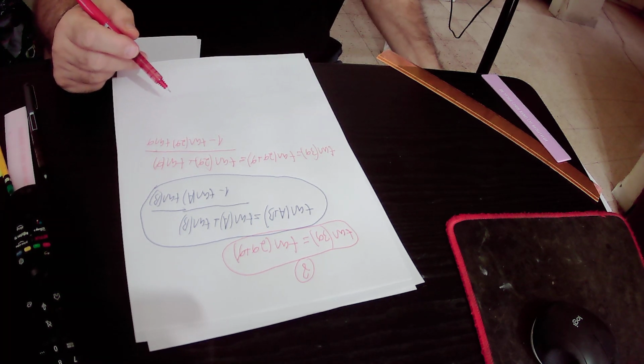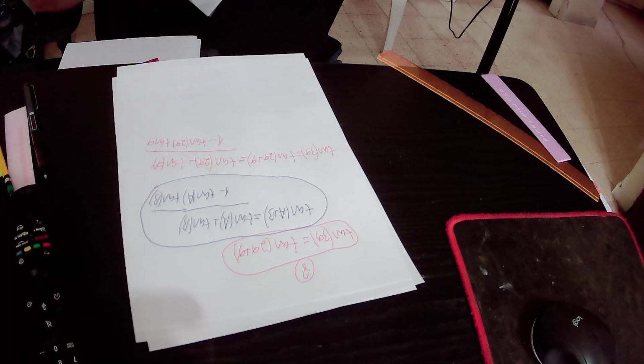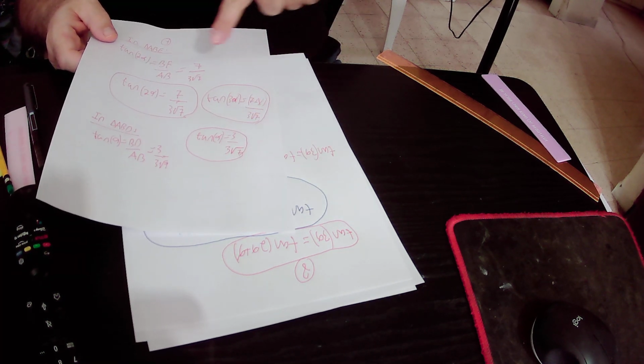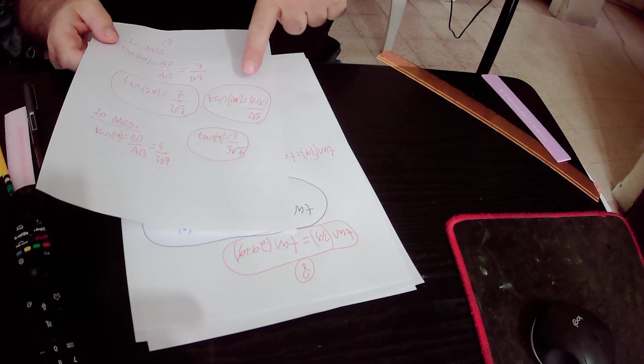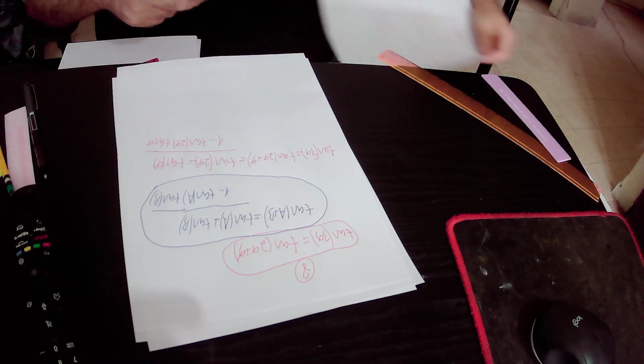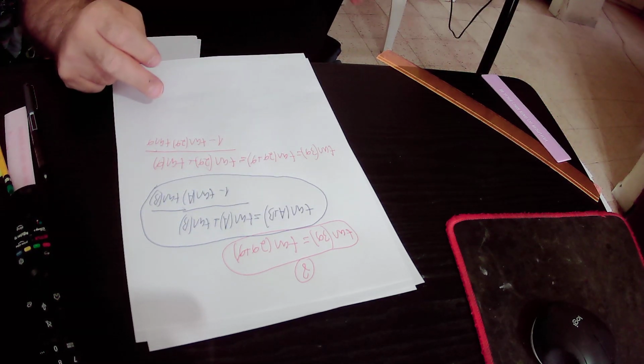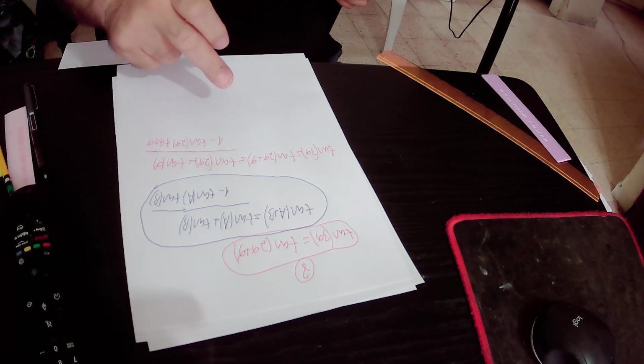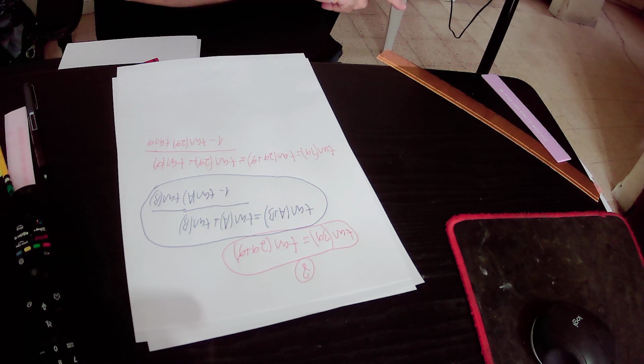But we have already found the values of tangent alpha, tangent 2 alpha, and tangent 3 alpha. So we will substitute the values of tangent alpha, tangent 2 alpha, and tangent 3 alpha in this equality by the values that we found.